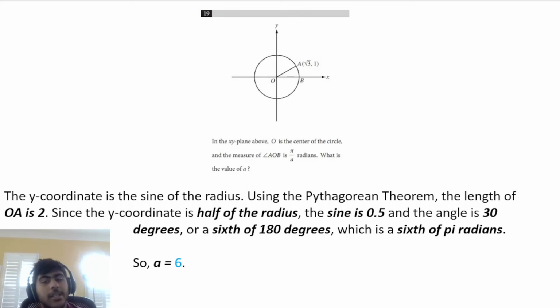Since the y-coordinate is half the radius, the sine is 0.5, so the inverse sine of 0.5 is 30 degrees, which is 1/6 of 180 degrees. Now 180 degrees is pi radians, so 30 degrees, which is 1/6 of 180 degrees, is 1/6 pi radians, or pi over 6 radians, which means that a is equivalent to 6.